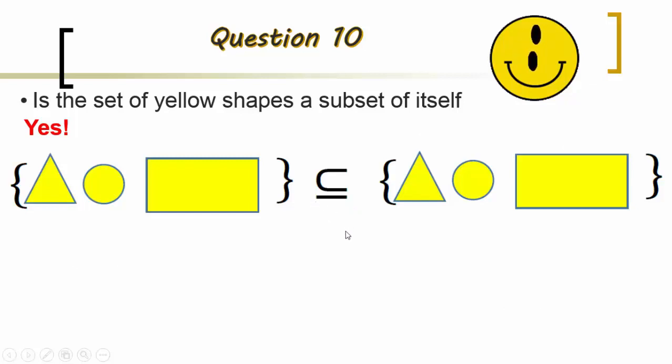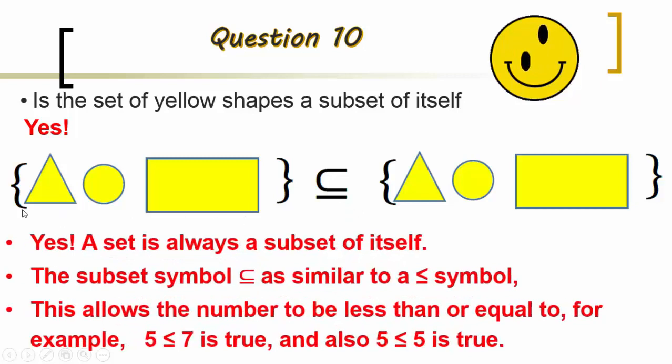And that means that a subset with the symbol like this is similar to a less than or equal symbol, so that means that one that is equal to the other can be a subset of this. So just like we did before, we can have, yes, 5 is less than or equal to 7 is true, but also 5 is less than or equal to 5 is true because of that equality.